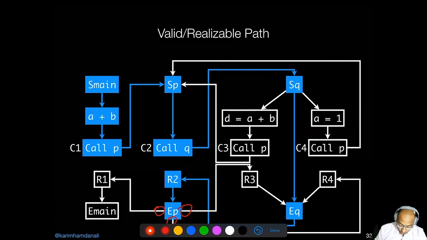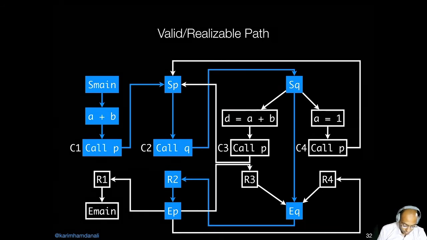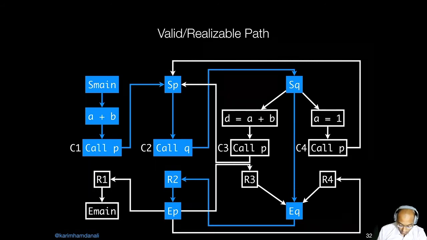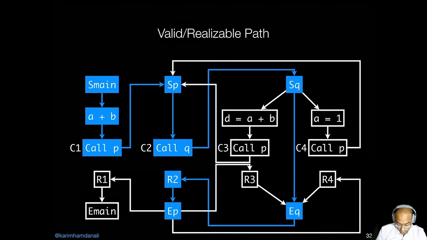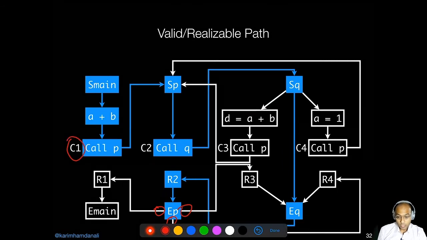However, it is not enough at that point, without extra data structures and extra information, to say where I should go back to. Should I go back to R1? Or R3? Or R4? Unless I remember that at one point, I took C1. I'm coming here from C1, given the call site C1, and that should tell me that I should return back to R1.